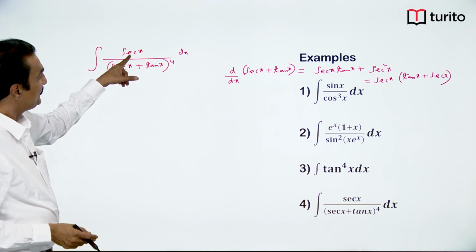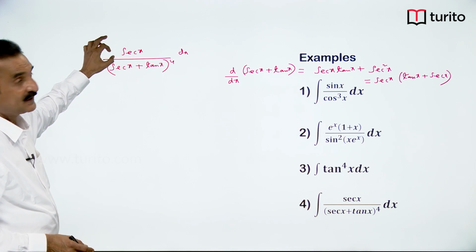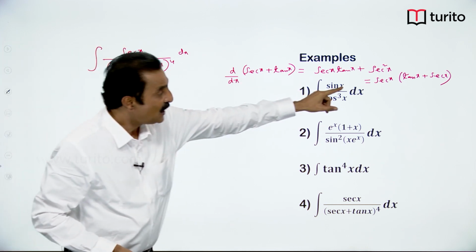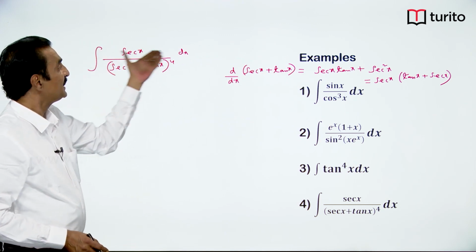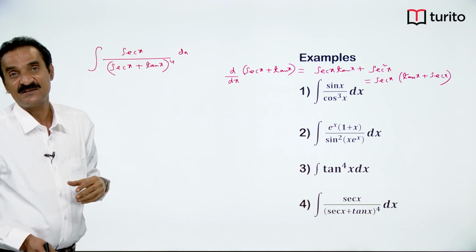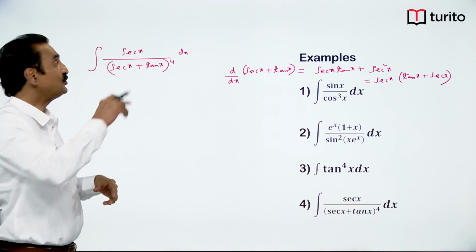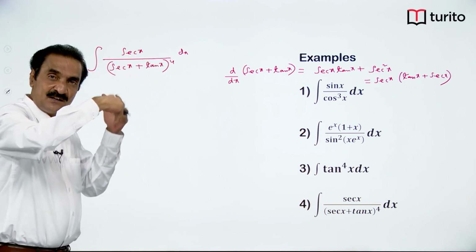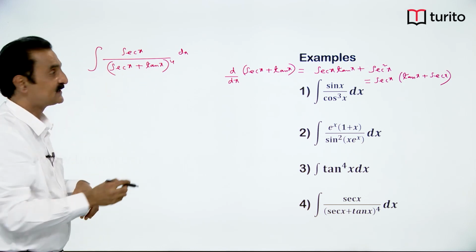Then if you look at the numerator, over here only secant x is there. If you have secant x plus tan x also, then we can put secant x plus tan x is equal to t and numerator becomes dt. So, how to get secant x plus tan x here? You need to multiply numerator and denominator by secant x plus tan x.